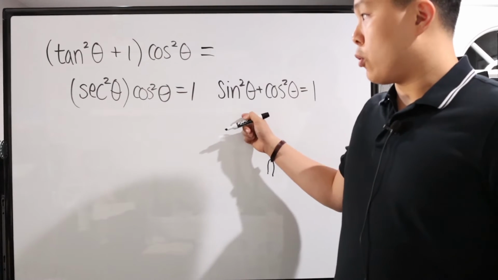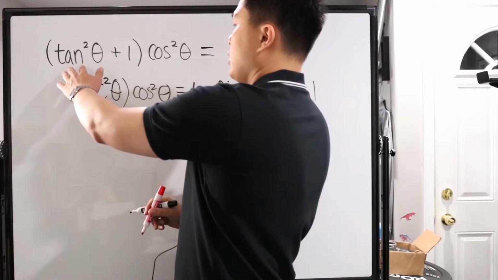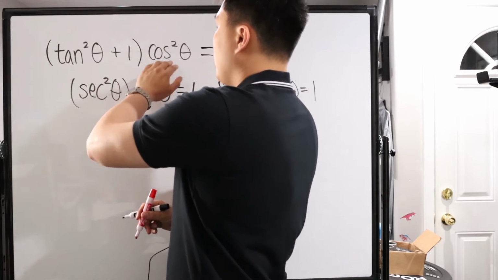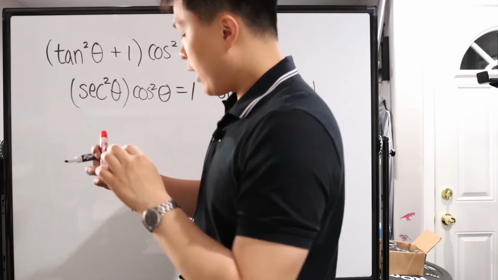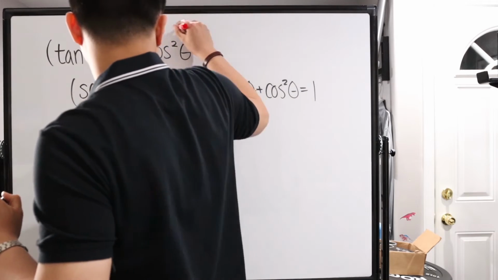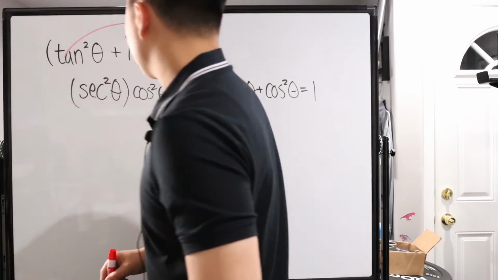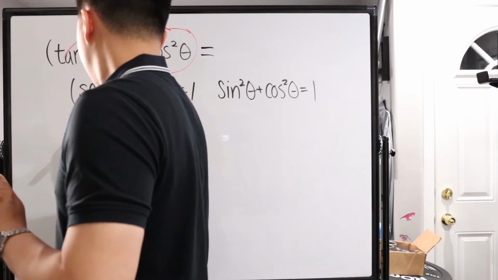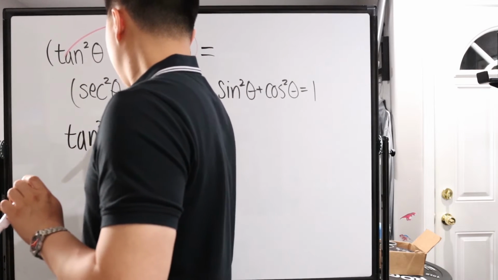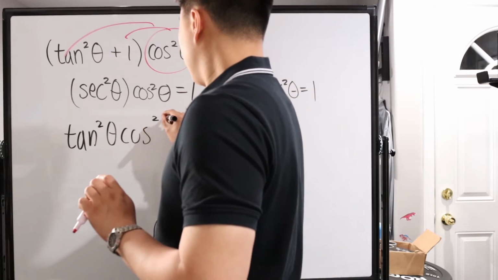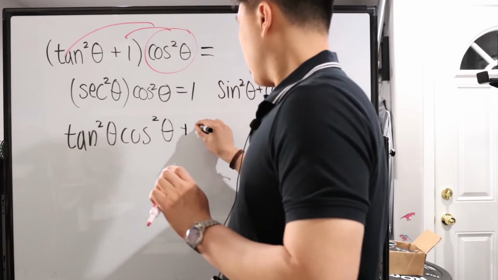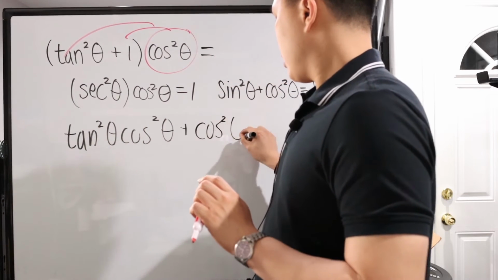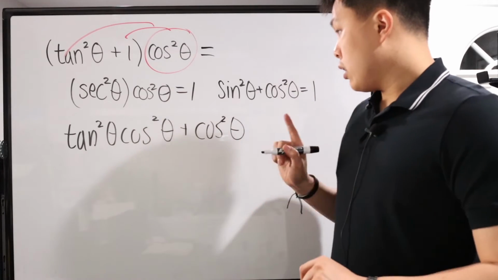Now why is this important? Well, first and foremost, let's just go with this. Tangent squared theta plus 1 times cosine squared theta. If you distribute it all out right here, we have basically tangent squared theta times cosine squared theta plus cosine squared theta. Okay, great.